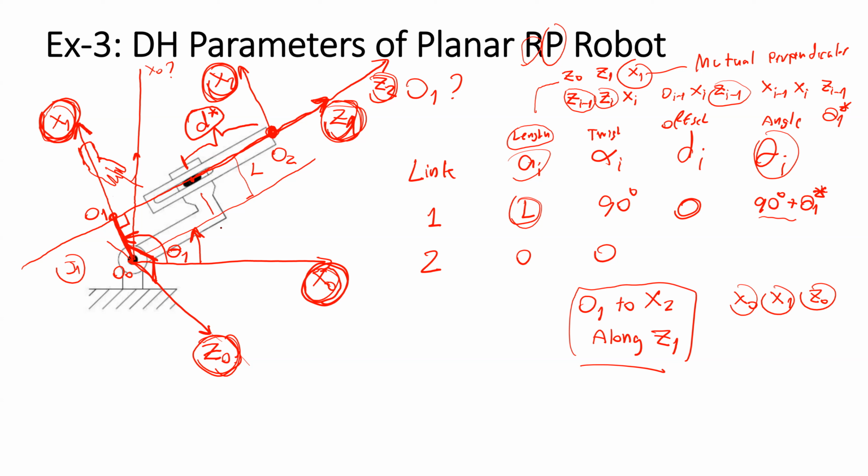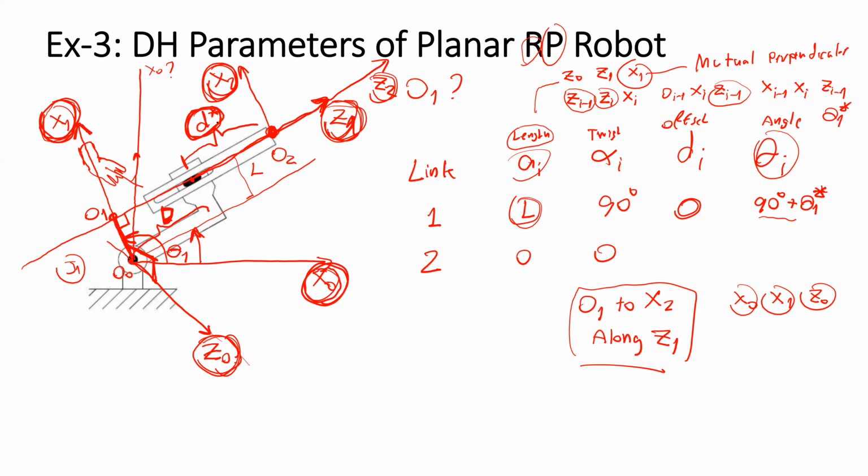But this distance is the robot geometry, and maybe the sensor on the robot and the actuator don't know this distance, but you are the robot designer. You know this parameter D, and you know that what the robot can read is D star.